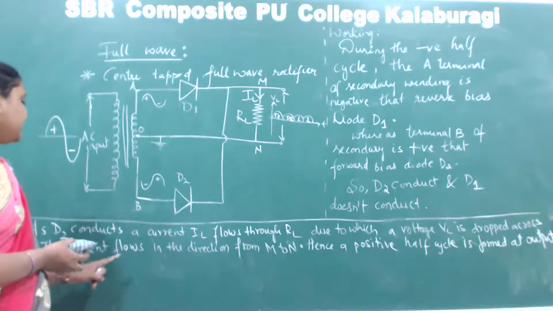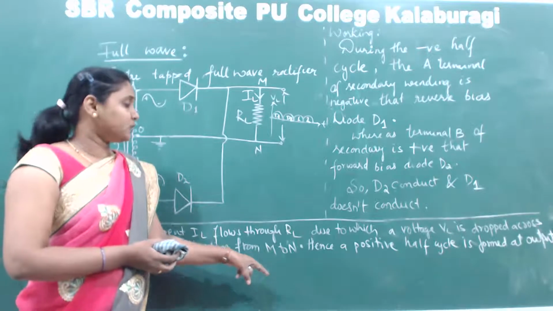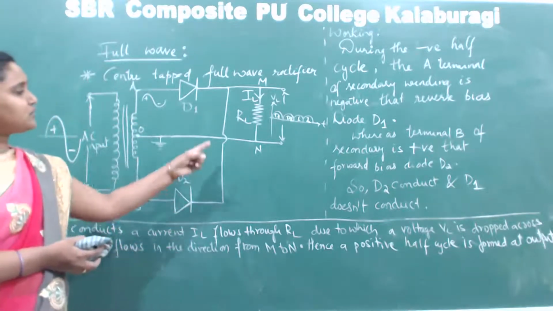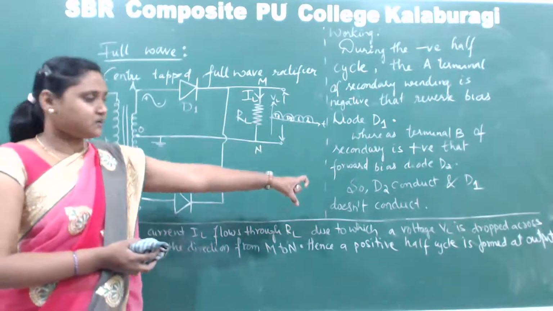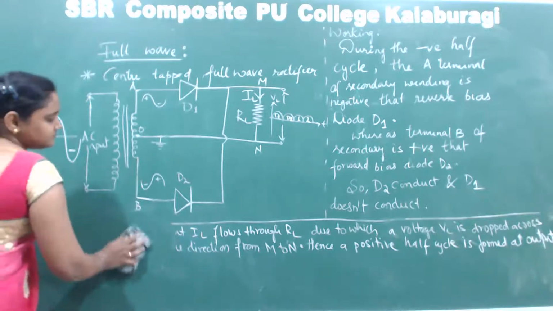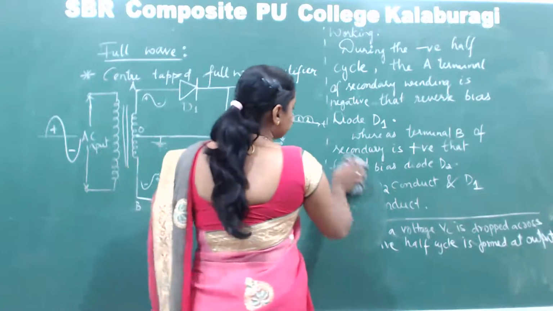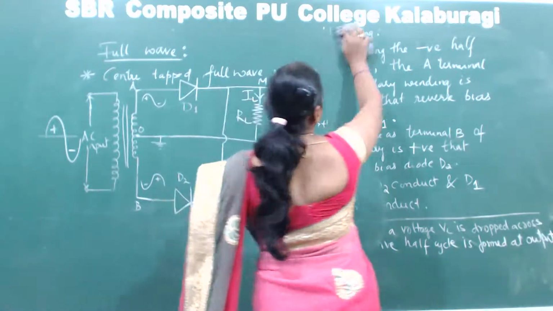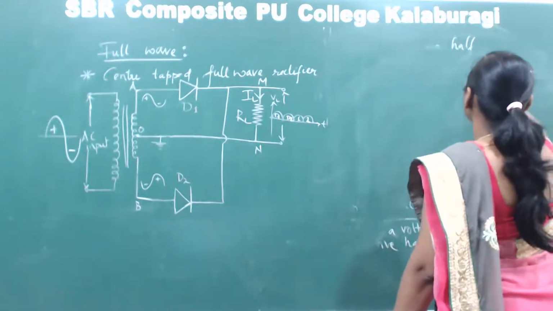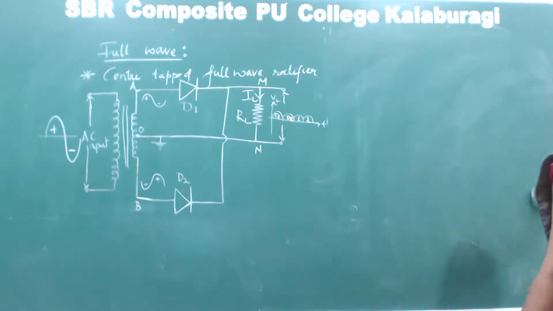The current flows in the direction from M to N in the negative cycle also. Hence, a positive half cycle is formed at the output. How this flows from M to N, and why it is in the same direction in both cases, I have explained already with respect to the circuit diagram. So there should be no doubt about how in both cases the current is flowing from M to N only.